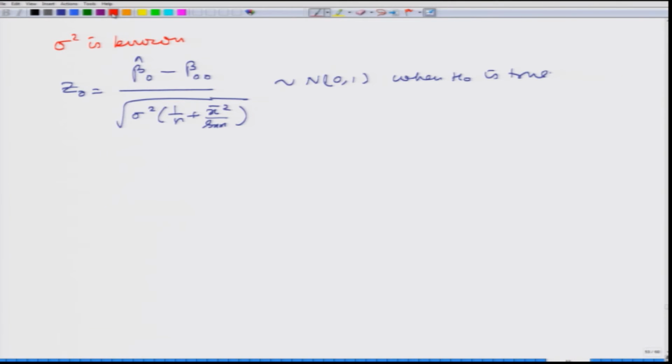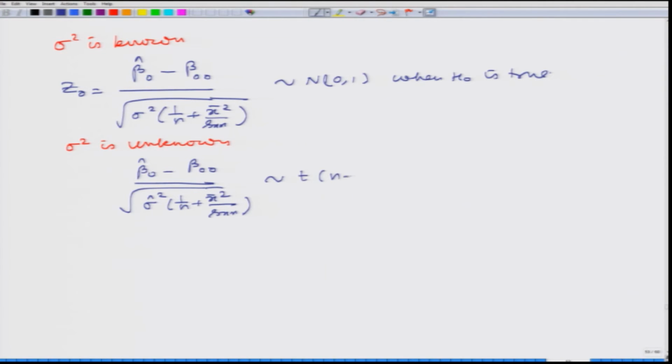Similarly, when sigma square is unknown, then on exactly similar lines I can develop the statistic beta 0 hat minus beta 0 0, divided by the square root of sigma square hat times 1 over n plus x bar square over Sxx, and this follows a T distribution with n minus 2 degrees of freedom when H naught is true.